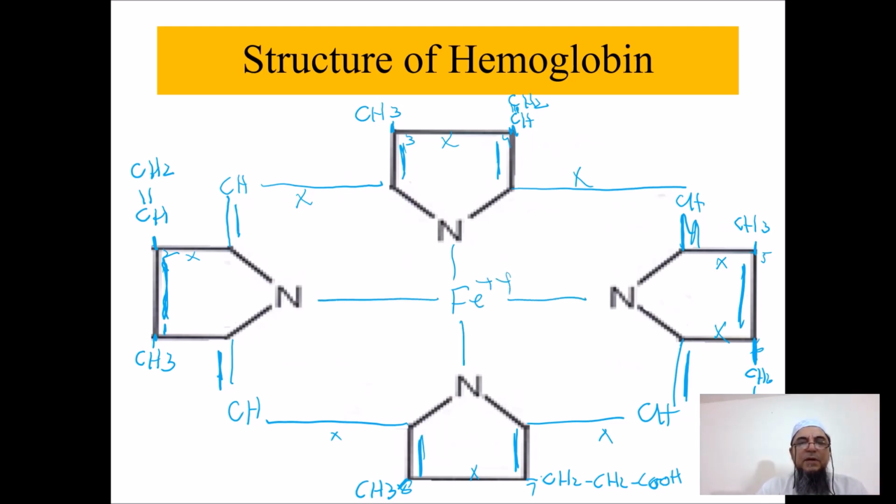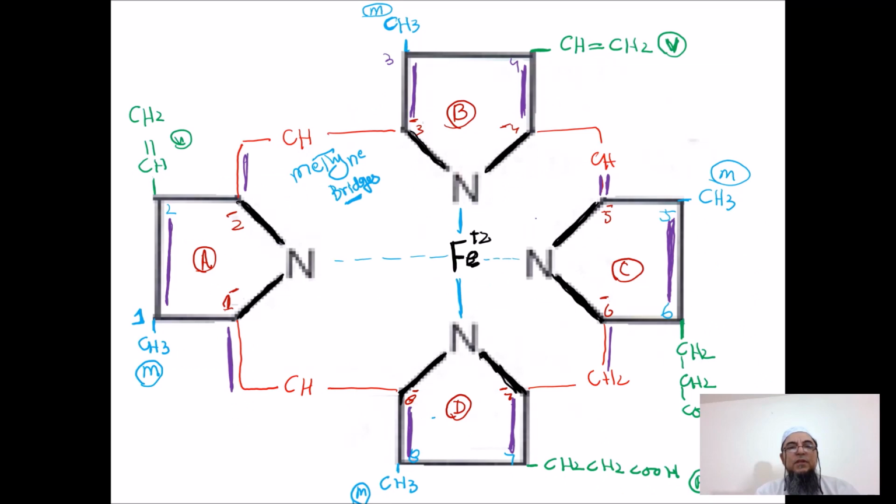So the pyrrole ring is complete. I mean, it's very simple and doable. A, B, C, and D. This is the review. You can see here A, B, C, and D. These are the methine bridges.